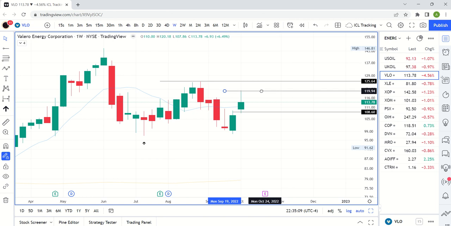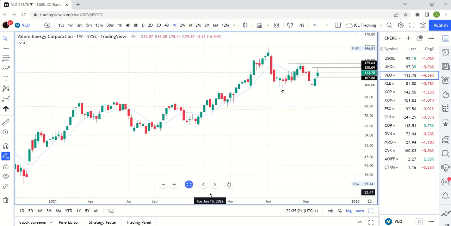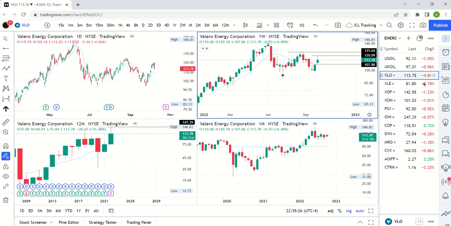So, call it 120 and 108, which is a pretty wide range, between 108 and 120. That's obviously a really wide range. But this is an interesting bet. And that's obviously a single stock name.